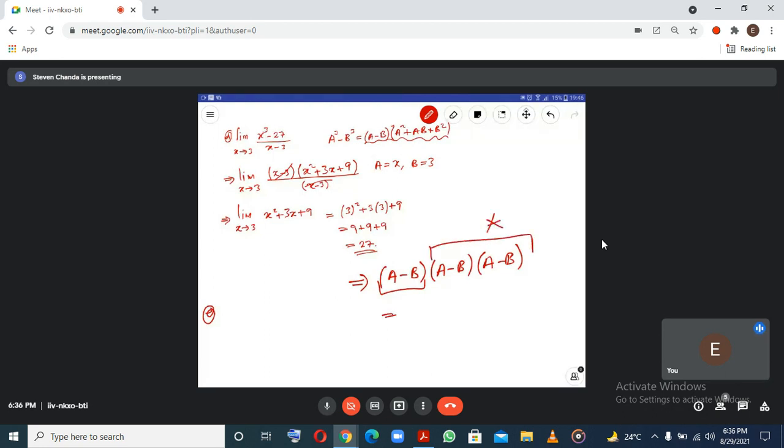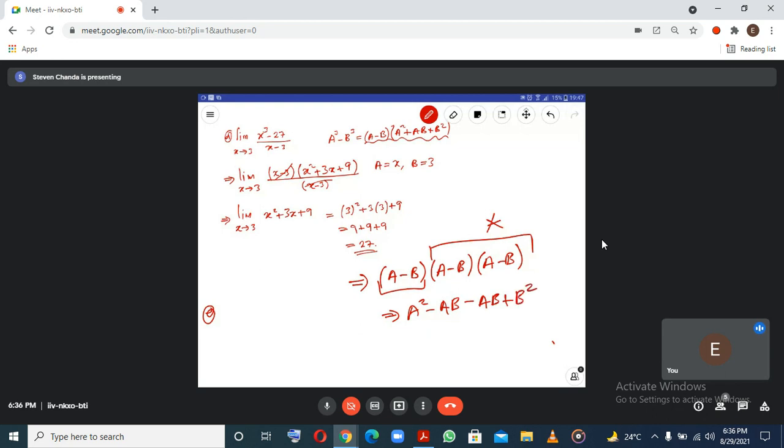So what are we going to have? We are going to have a squared. Then we are going to have negative ab, then negative ab again, and then you're going to have b squared.